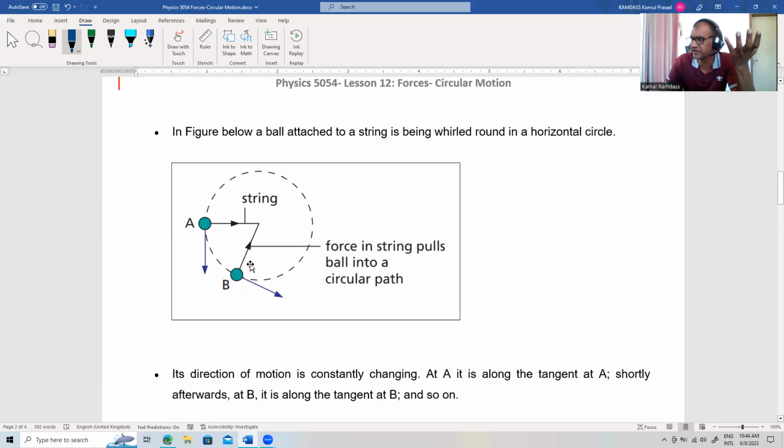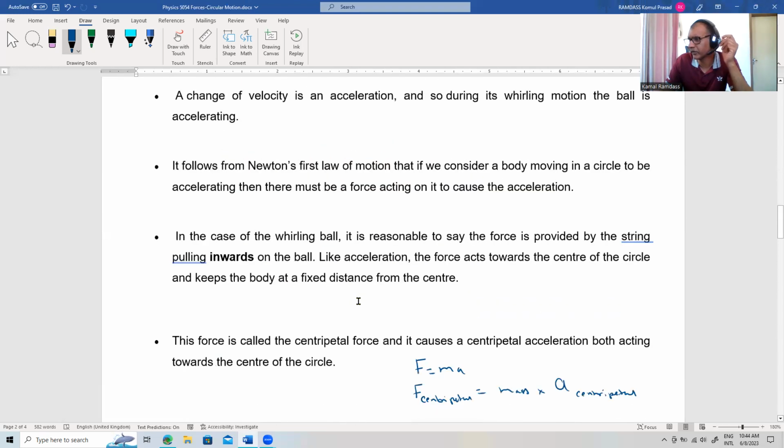The force in the string pulls ball inwards or into a circular path. OK? Et in the case of a whirling ball, it is reasonable to say that the force is provided by the string pulling inwards on the ball, okay, by the tension in the string.